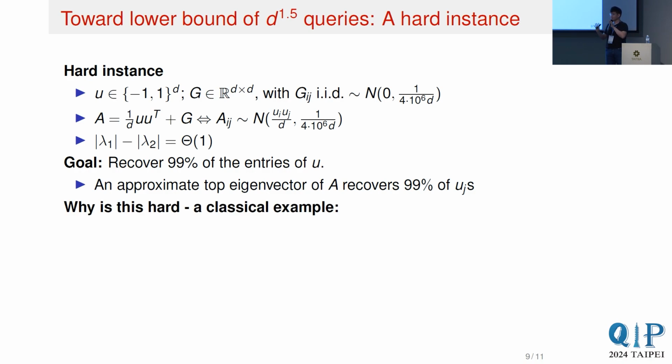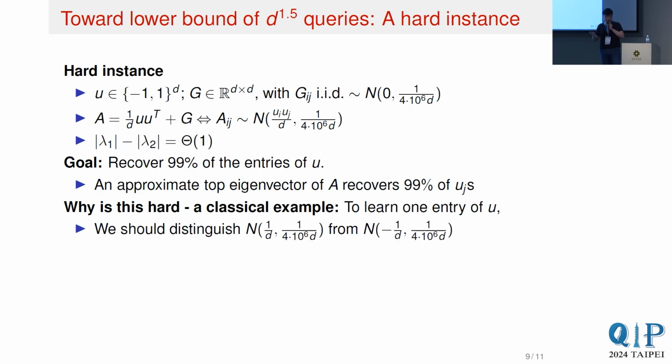Let's see a classical example for the high-level intuition. If we want to learn, say, one entry of this U, you will have to distinguish two Gaussian distributions, one with mean at 1 over D and the other with mean at -1 over D. But the standard deviation is roughly 1 over square root of D, which is much, much bigger than the mean. If you calculate the total variation distance between those two distributions, you will know you really need, say, D queries to distinguish them.